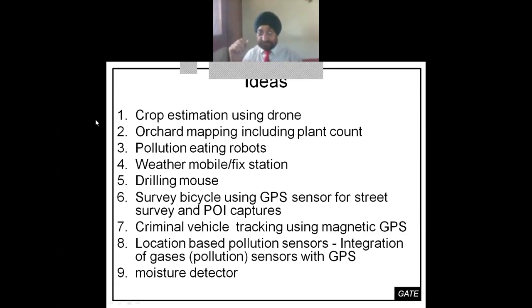So, POI capture. You can put a camera on your vehicle or a camera on top of your head or a cap, which identifies an ATM and then gives you the latitude, longitude of that particular ATM, so that you can publish a map of ATMs, which ATM is where.